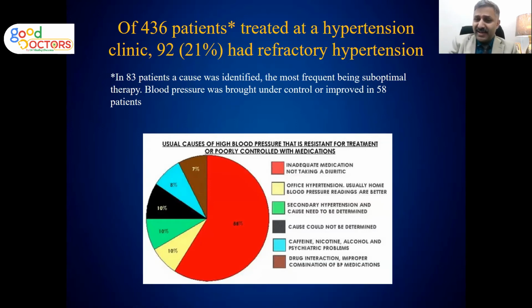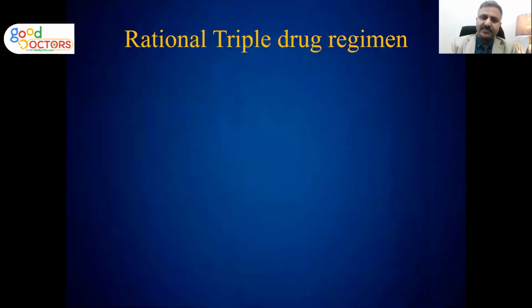So whose fault is that? Inadequate medication? Doctors. So this is the biggest physician factor, not using a diuretic or inadequate medication. And then there are other causes, including 10% office hypertension, secondary hypertension, caffeine, nicotine, alcohol, drug interaction, and all that. But remember, the major factor is inadequate medication.